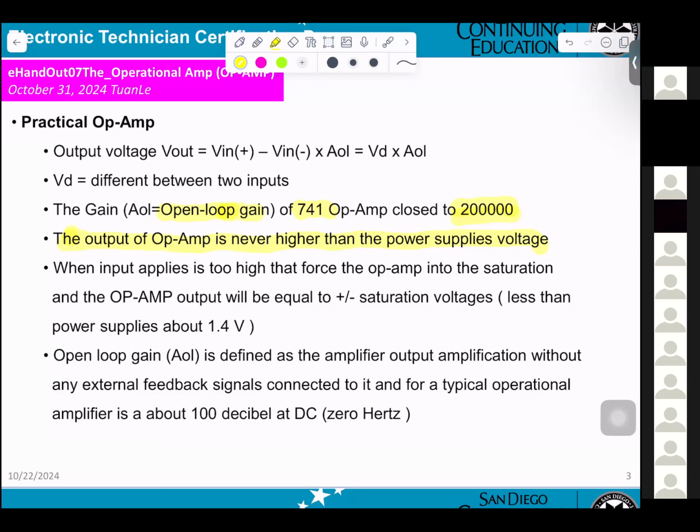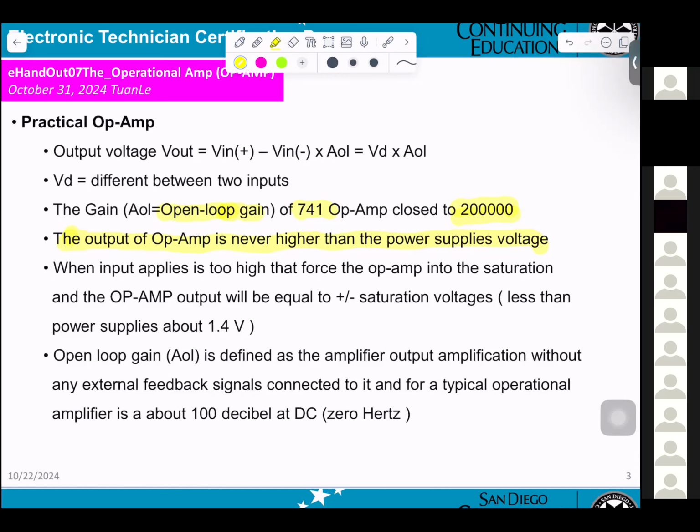If you get a gain of 200,000 and apply a 1 volt input, the output would be 200,000 volts, which never happens. In that case, we say the op amp will be saturated. Saturation means the output can go to a maximum positive power supply or a maximum negative power supply.